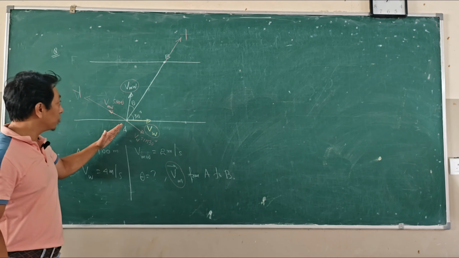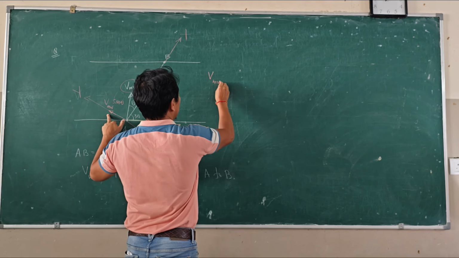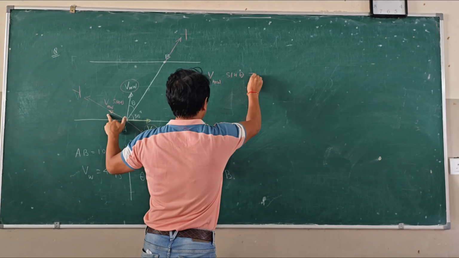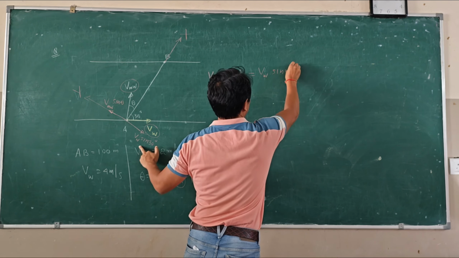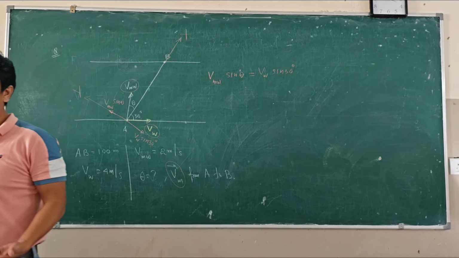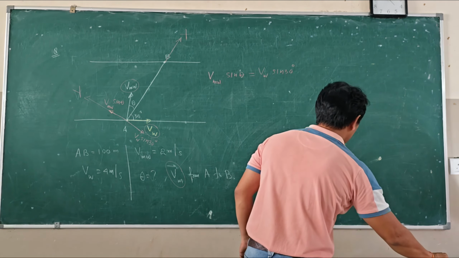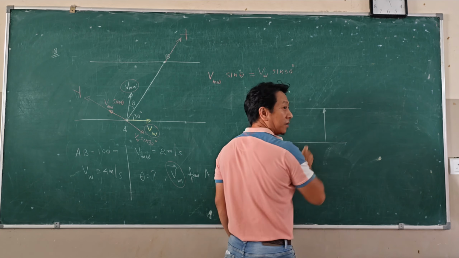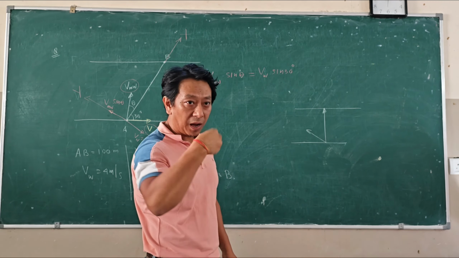So for the man to go exactly here, what should happen? Vmw sin theta should cancel Vw sin 30. Everybody understood the story? That's how you have to do it. It is very similar to when you want to reach the opposite point. What did I tell you, at what angle do you have to swim? Vw by Vmw.